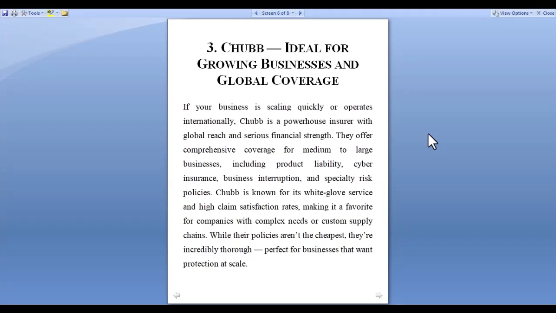Chubb is known for its white-glove service and high claim satisfaction rate, making it a favorite for companies with complex needs or custom supply chains. While their policies aren't the cheapest, they are incredibly thorough, perfect for businesses that want protection at scale.